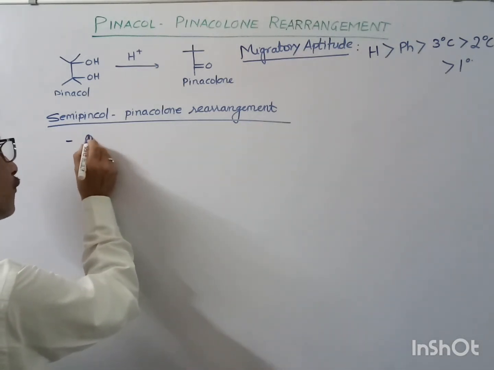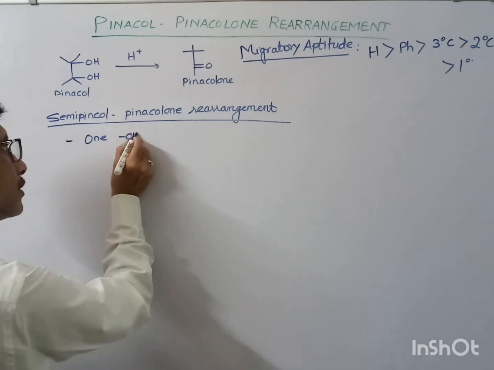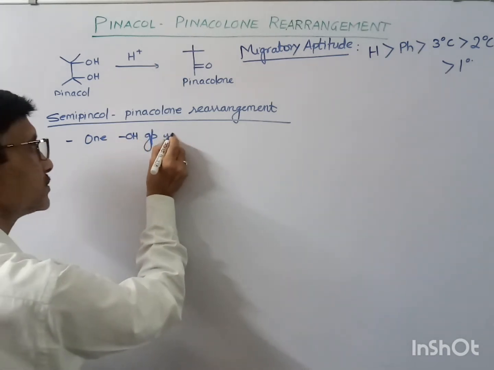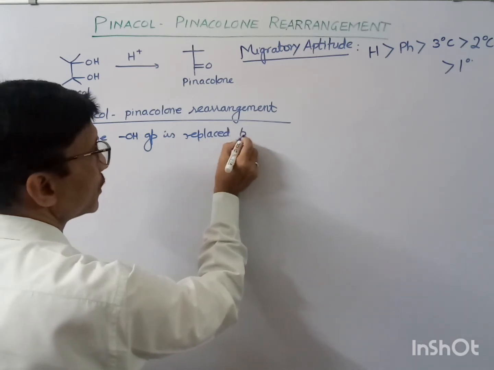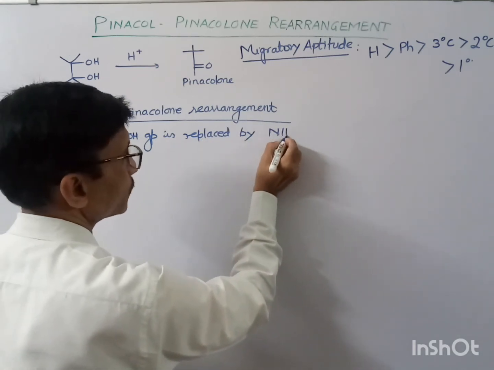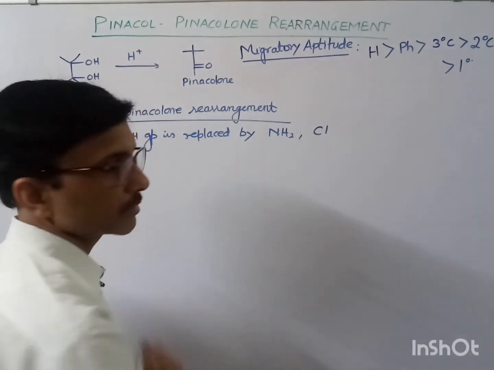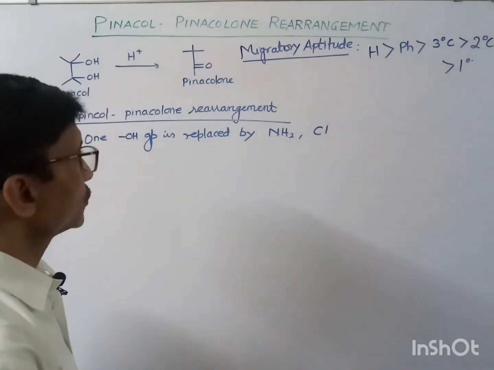So here one OH group is replaced by either NH2 group or this Cl group. Okay, so this is being replaced.